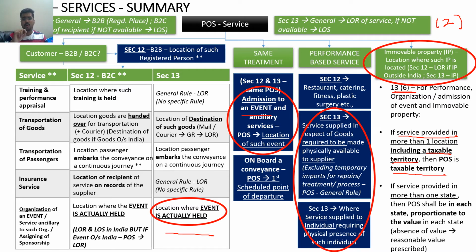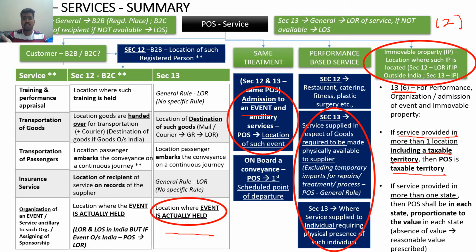Now he is providing this service, let's say in 3 states, in Karnataka, in Tamil Nadu, and in Gujarat, right? So he is providing, let's say, 25, 25, 25 percent in these 3 states, and the remaining 25 percent he is doing in Colombo. He is providing that service also outside India, outside the taxable territory. So he is providing the service in 4 places. 3 places are in India, 1 place is outside India. Now, if you remember, this is a performance based service, right?